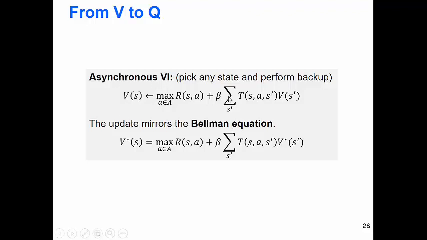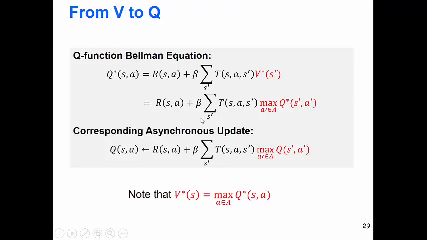So this was asynchronous VI, and the update looks like the Bellman equation. We've gone through that before. Now we can turn that into an equivalent update for the Q function, right? So it turns out that the optimal Q function, remember, this is the Q function for the optimal policy, is equal to R(s,a) plus the expected optimal value after you take that action a.